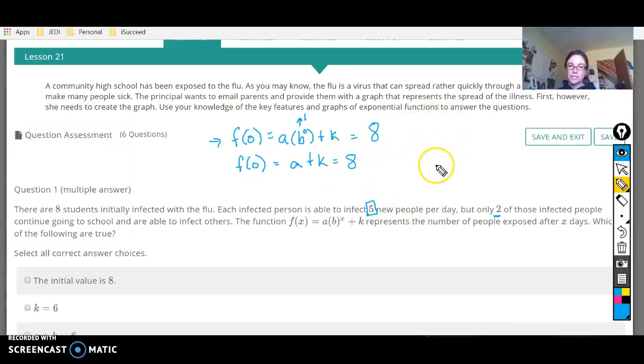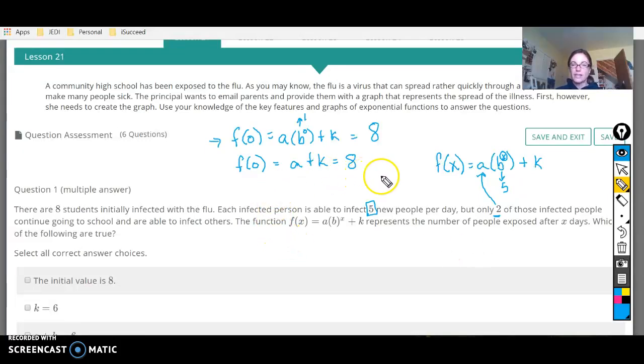So the part of our function, f of x equals a times b to the x plus k, that involves the number of days is x, and the number of people per day affected is going to be our b value, which will be 5. Now we still need to figure out what a and k are, but 2 of those 5 are the ones who are going to continue to affect others. So that 2 is actually our a value. Hopefully backing up there made a little bit more sense.